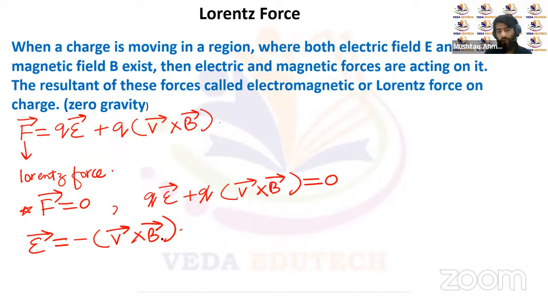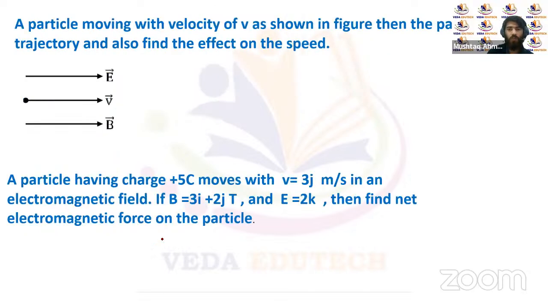So E should be equal to minus V cross B. If this is the electric field vector, then in that case the net resultant force on that charged particle in presence of electric as well as magnetic field will be equal to zero. So this is how we can find the condition for the net force from the electric and magnetic fields to be equal to zero.